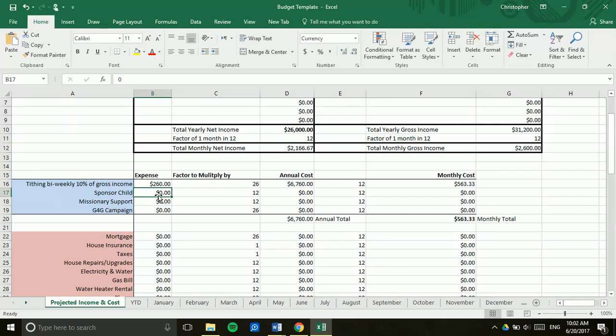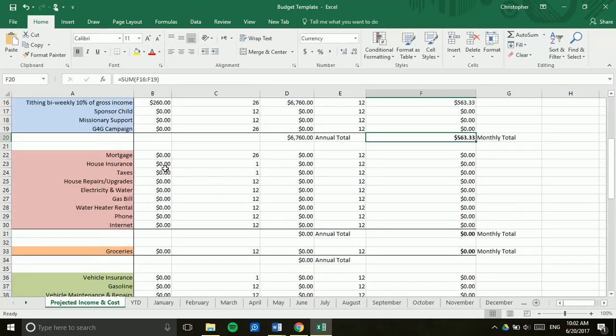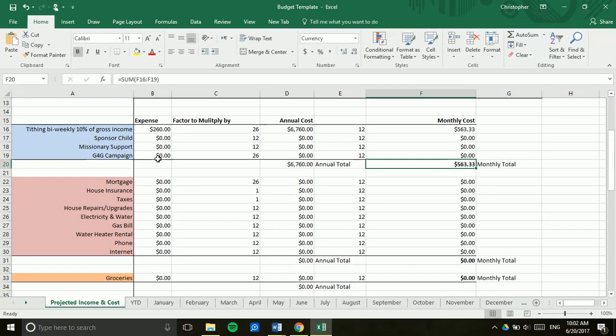You can put your sponsor child in there if you have one, extra missionary support or Grow for God campaign, other types of building things in there. This breaks that amount down to a monthly cost. This monthly cost, the budget number here, will translate to your month-to-month sheet that you work on, and I'll show you that in a moment. So same thing, you go through all of these different categories.